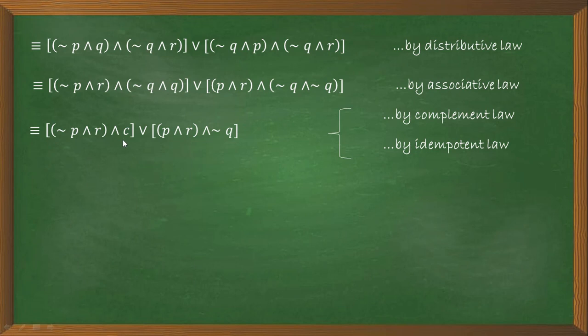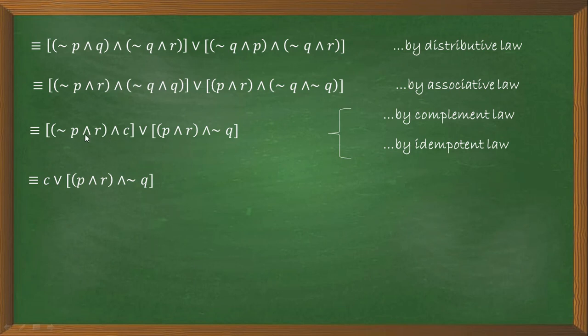Now see this first square bracket. Now negation P and R and C. C means contradiction or false. So here the identity law is applicable. So now by using that, we know that negation P and R and C is equal to C. This is the first statement, and the second statement is false.